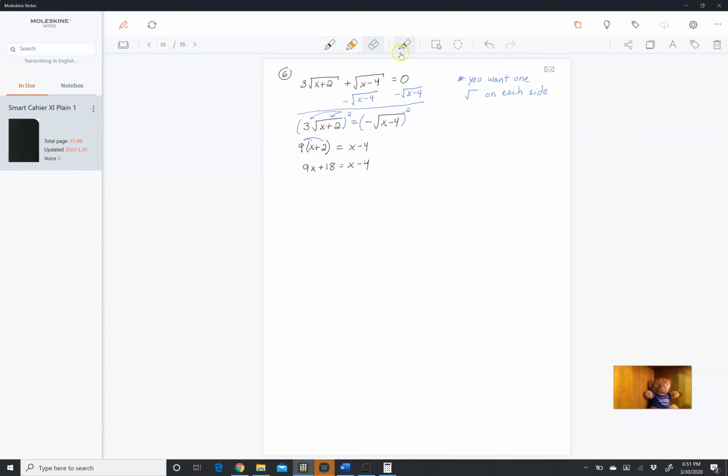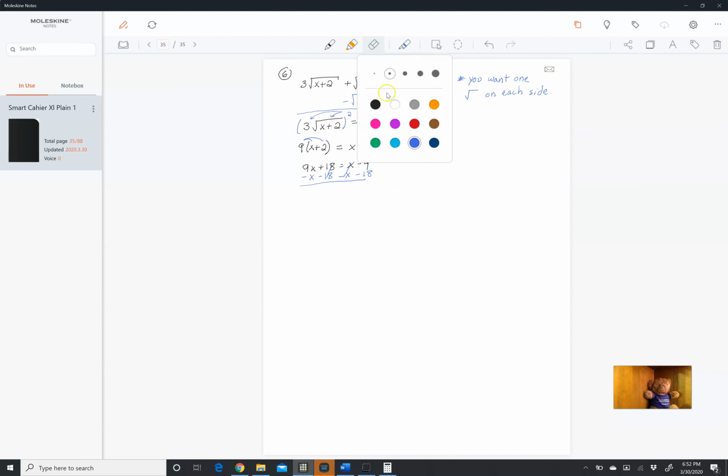And now again, it's linear. We move our x's to one side and our numbers to the other. So we can subtract x from both sides. And we could subtract 18 from both sides. Again, if you do this a little bit differently, that's okay. Our 18 cancels and our x's cancel.